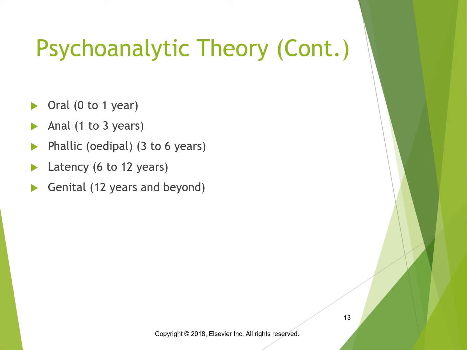If that tension or the drive is not satisfied at that stage of development, he can develop personality disorders or maladjustment in adulthood. So he mainly looked at five stages of development: oral, anal, phallic or Oedipal stage, latency, and genital phase of sexual development.